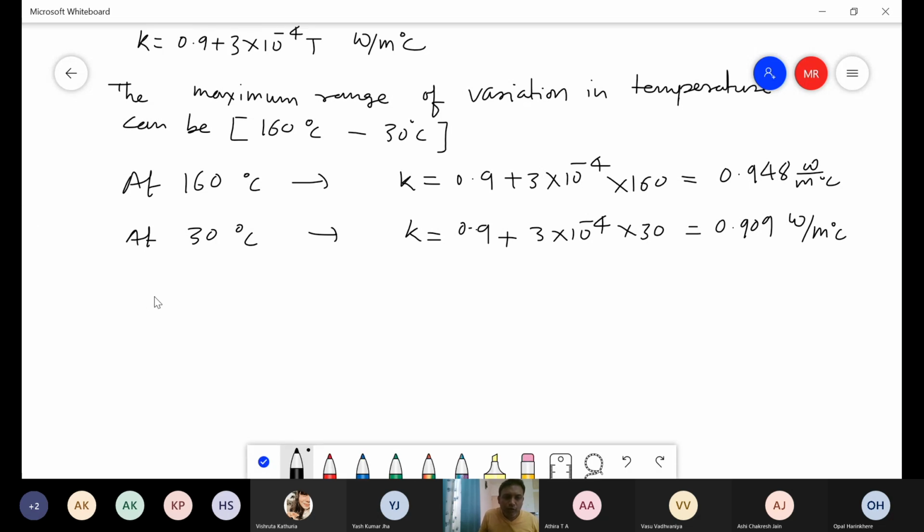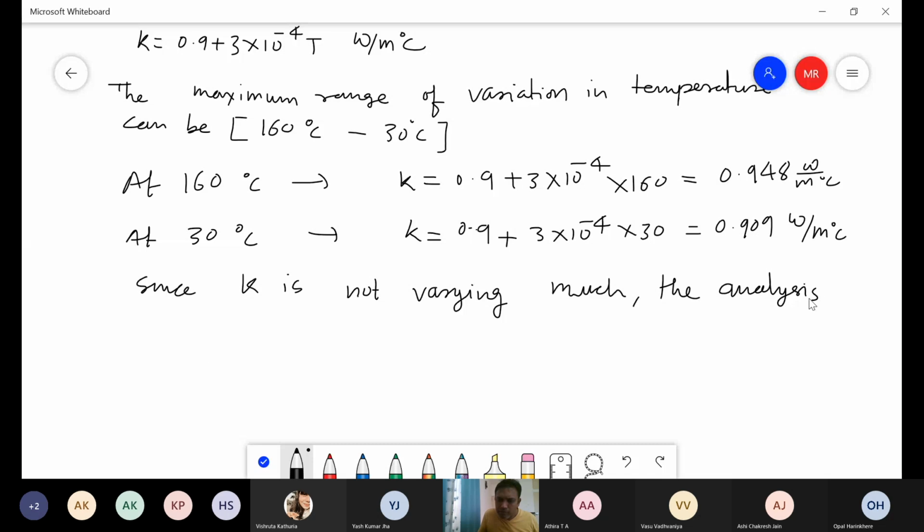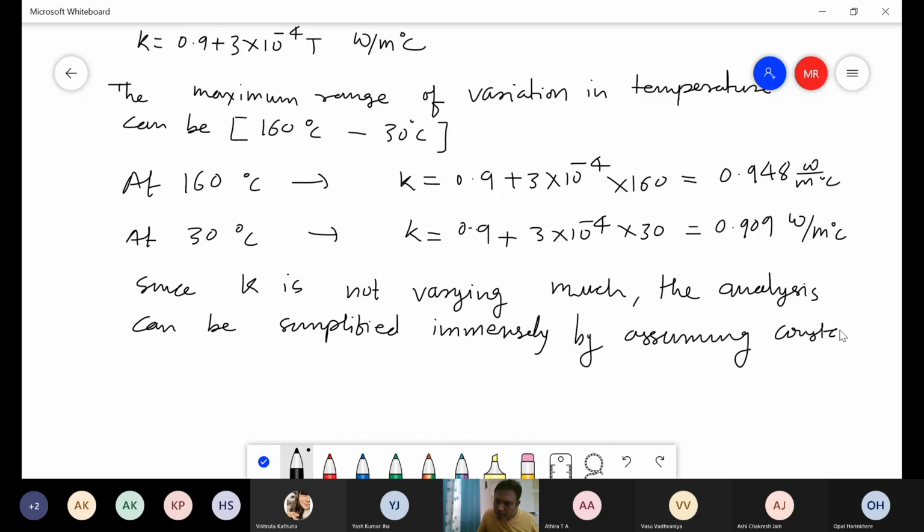Therefore, since K is not varying much, the analysis can be simplified immensely by assuming a constant value of K, equal to K average, and that can be given as (0.948 + 0.909) divided by 2.